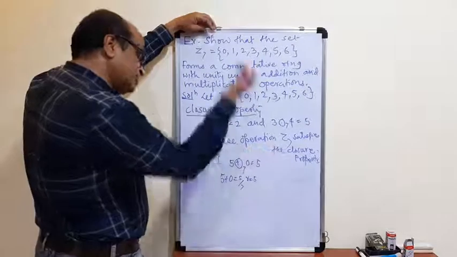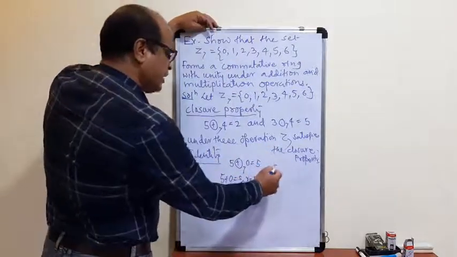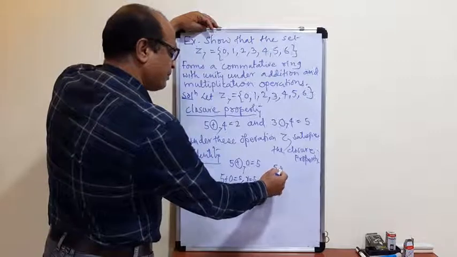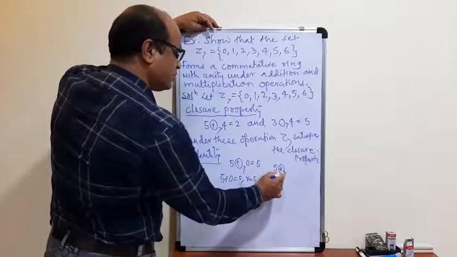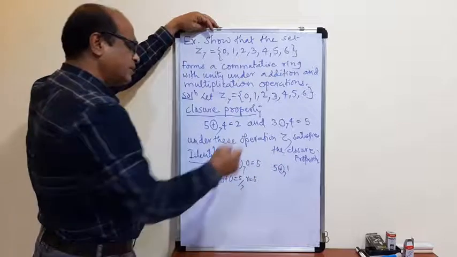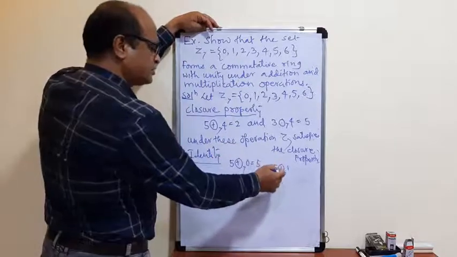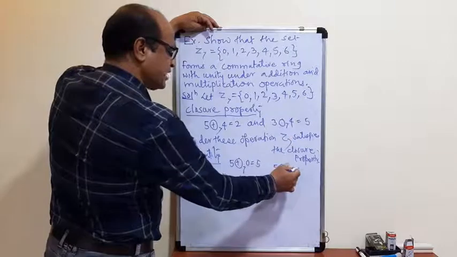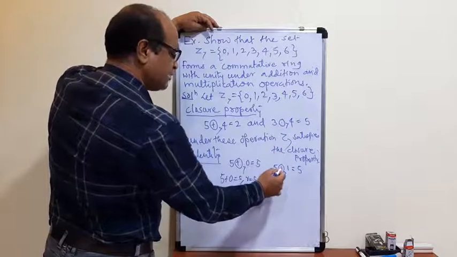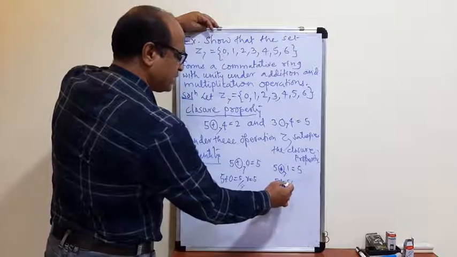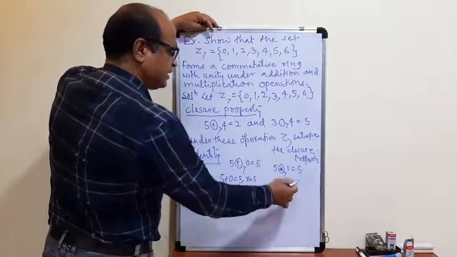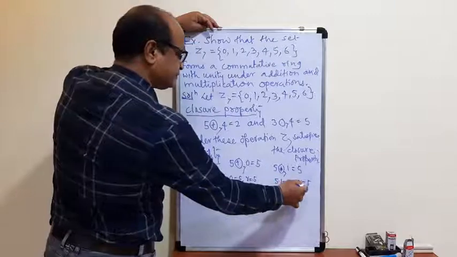Again, with multiplication modulo 7, 5 multiplied by 1 is 5. Divided by 7, the remainder R is 5 here.